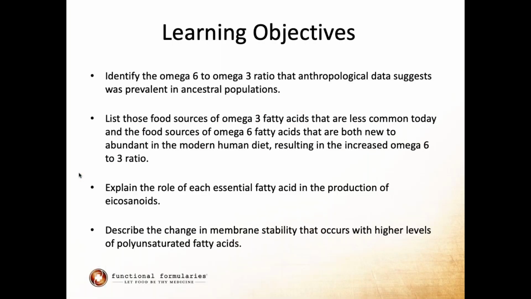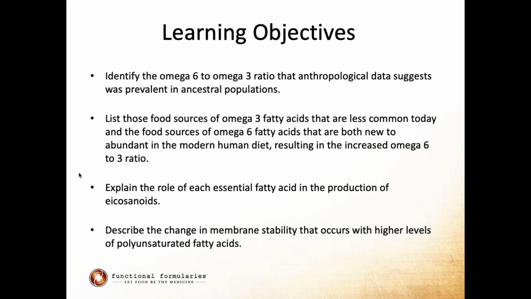I also want to be really clear with the learning objectives that we have for you today. The first is to understand and identify a more biologically appropriate or physiologically compatible omega-6 to omega-3 ratio that is supported by a combination of things: human genetics, of course, as well as anthropological data that we'll discuss in a moment.